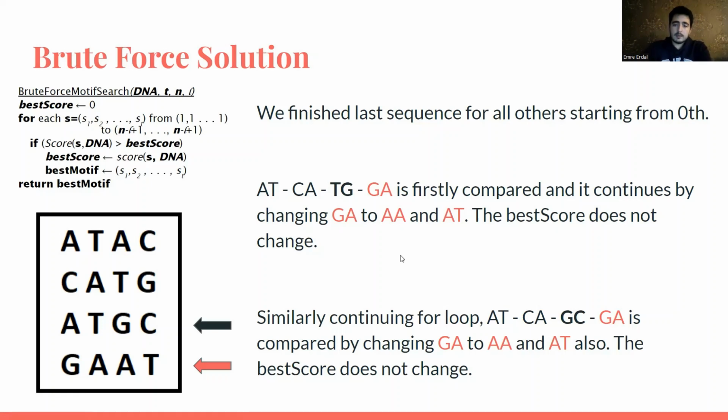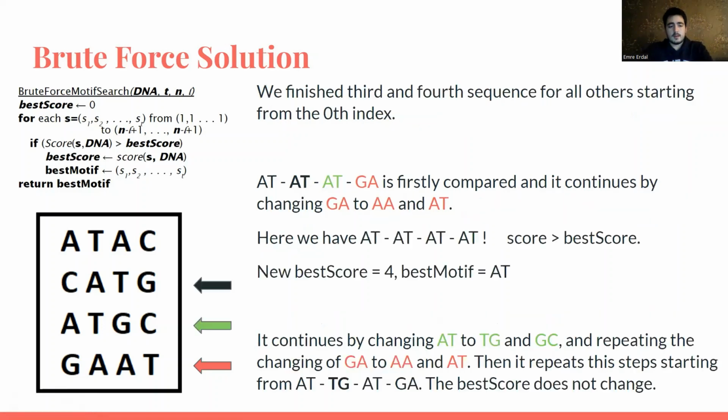So when GA is changed from AA or AT, the best score does not change, so the best motif does not change. Similarly, it continues by changing TG to GC, and the best score does not change in either case when we change GA to AA and AT also. So it remains like that in this stage.